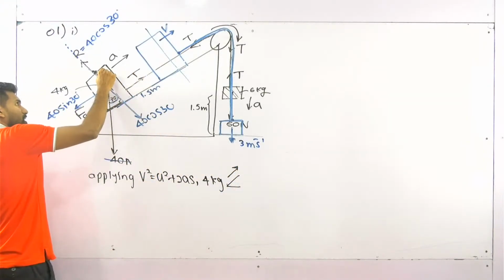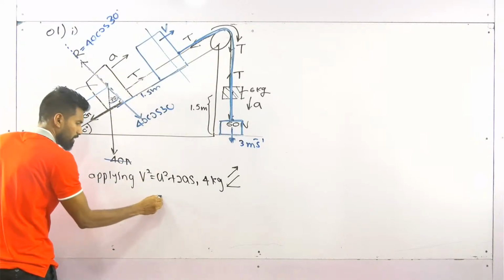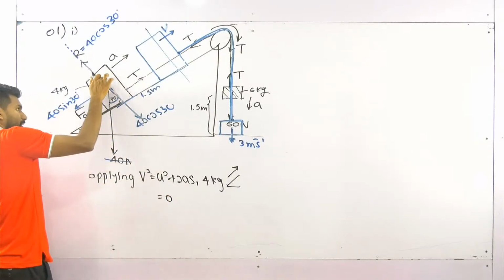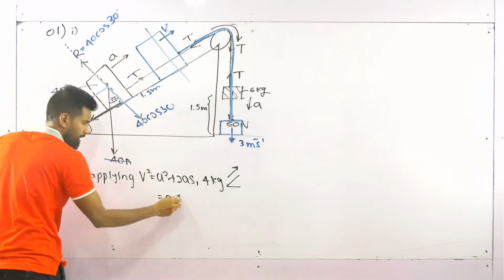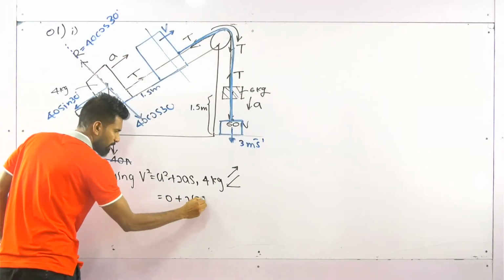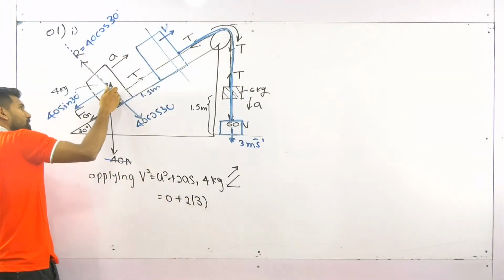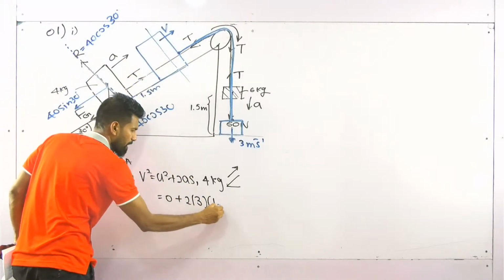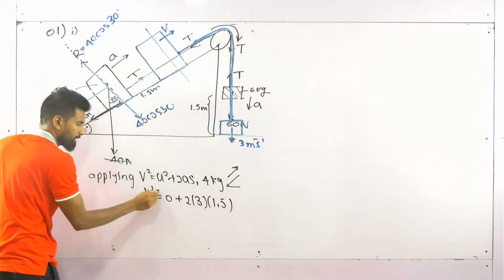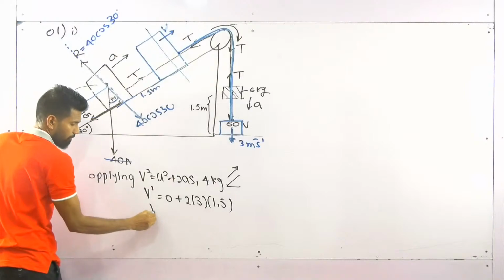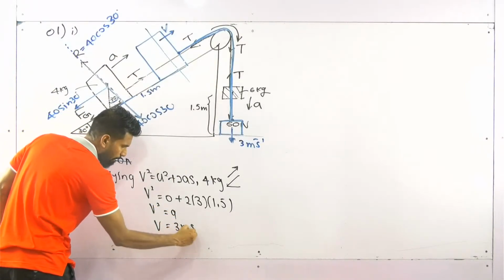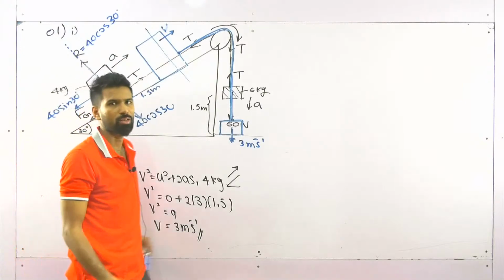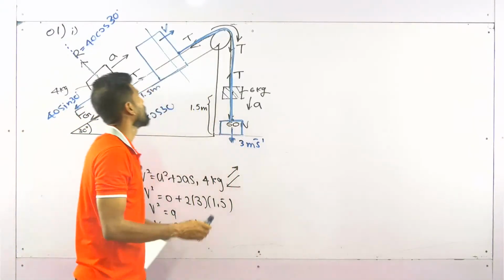The 4 kg has started from 0 velocity. Initially it was at rest. It will also have this common acceleration a. Acceleration is 3, and it will also move 1.5 meter up the plane, and it will gain the velocity v. v squared is equal to 9, so it will also have the velocity value 3 meters per second.